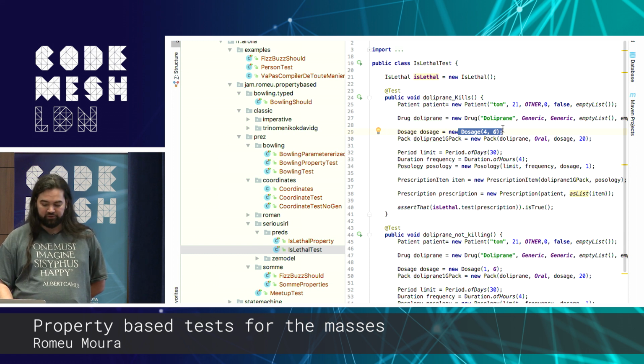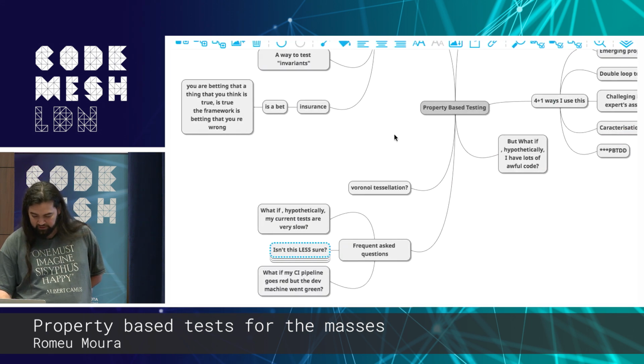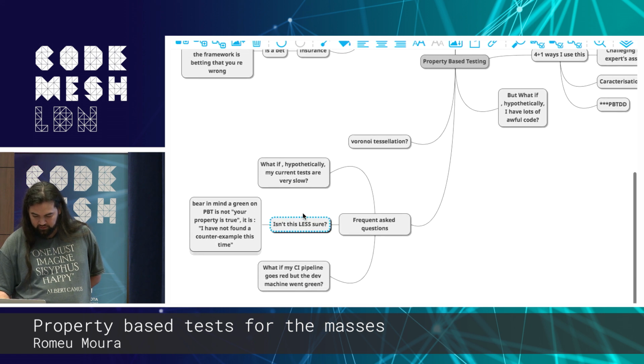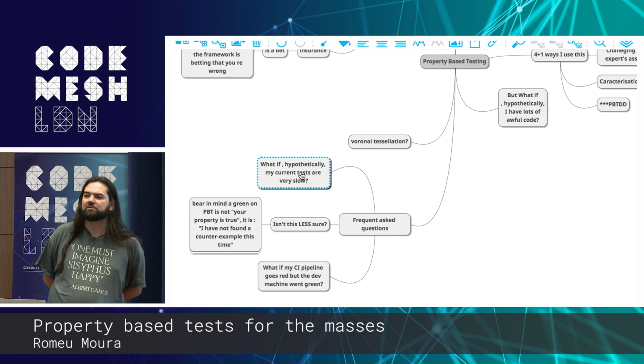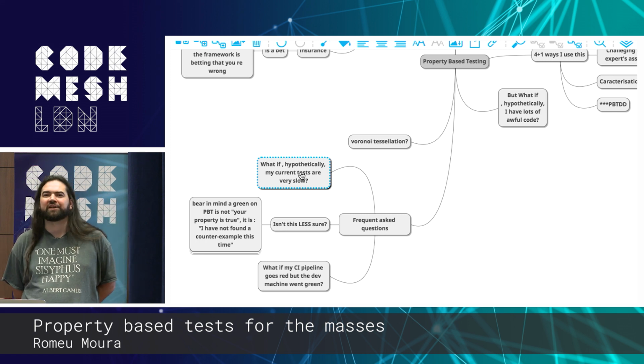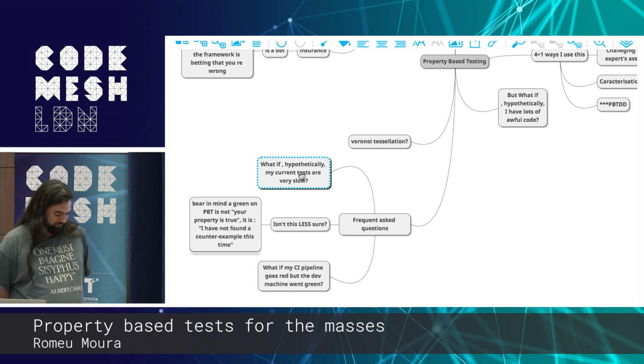Okay? Another frequent question is, what if my current tests are slow as hell? I mean, you said, Romeu, that I have to execute each test like 100 times, with 100 different inputs. My current test today takes like half an hour to execute, right? I would hate using this in my current tests. Well, I have two answers to this.